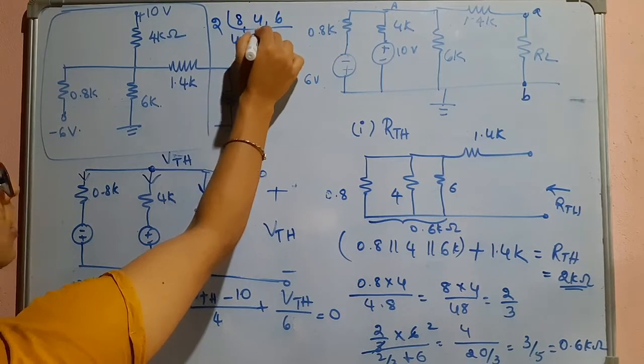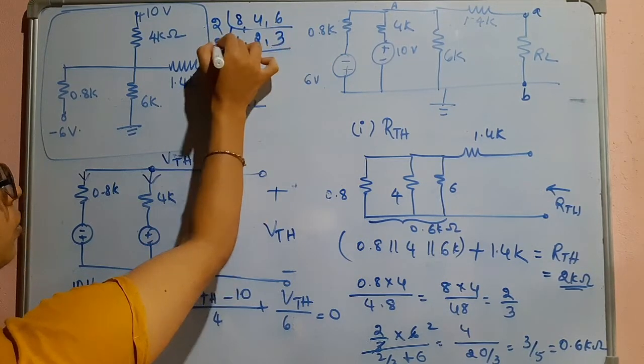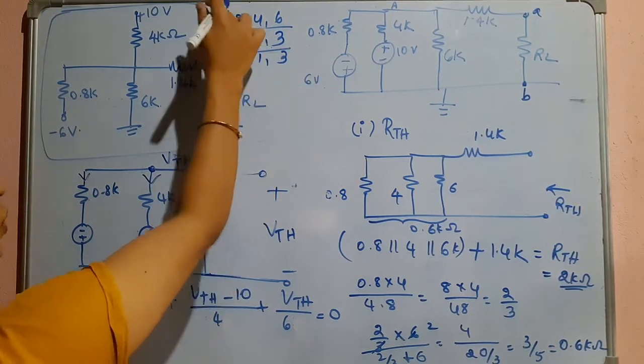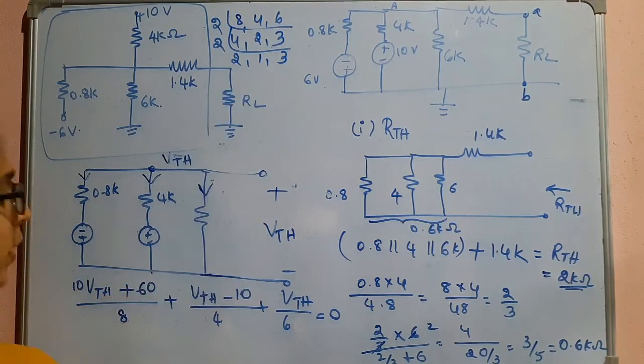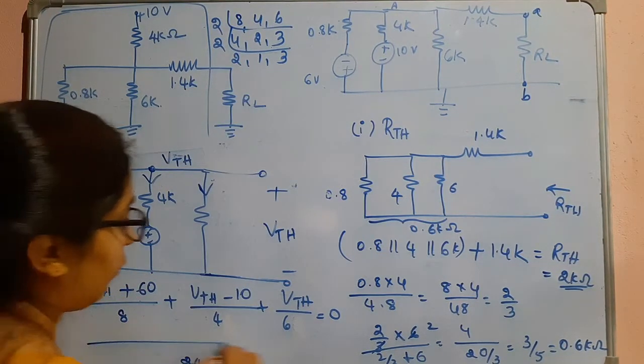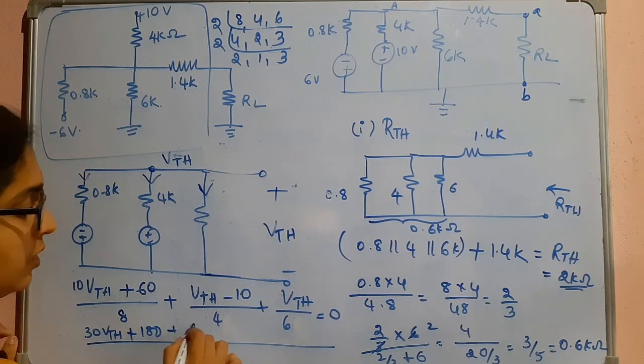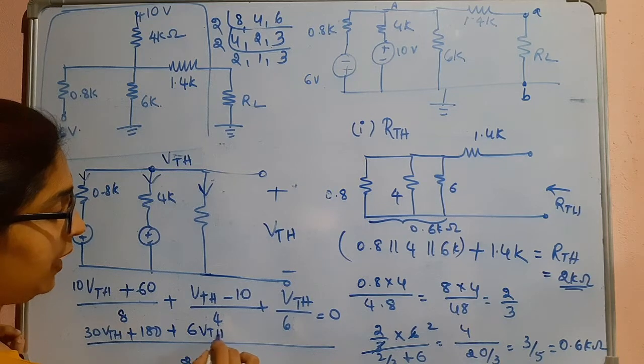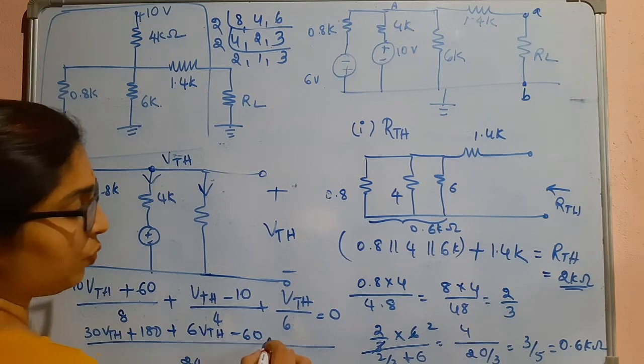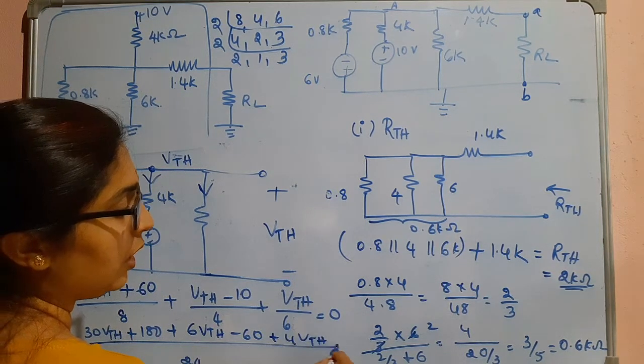See, 2 4s are 8, 8 3s are 24. So the LCM is 24. Here 8 into 3 is 24, so 30 VTH plus 180. And here I have to multiply by 6 in the numerator, and here it is 4 VTH, equal to 0.